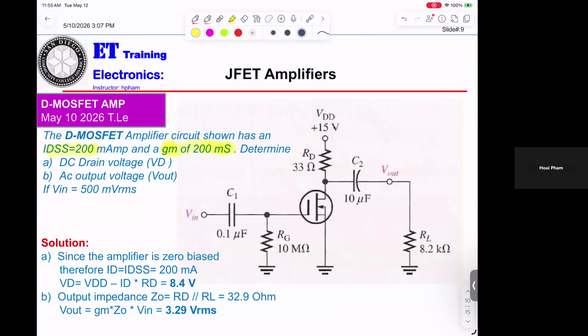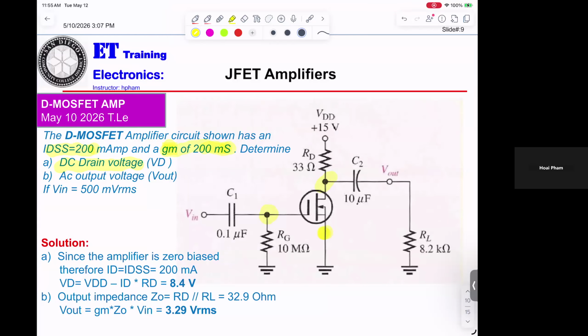They want to know the DC drain voltage VD. You know this will be the drain, this is the gate, and that will be the source.